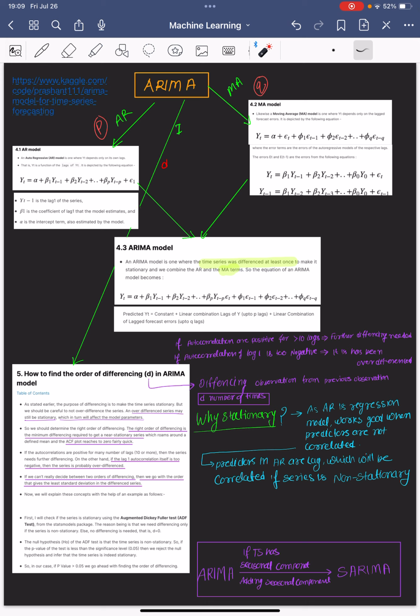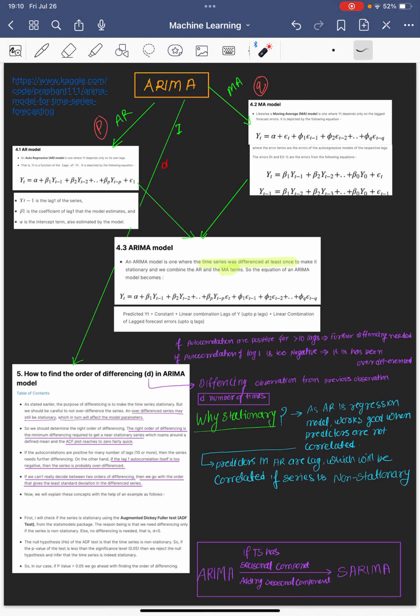This is the assumption of the linear regression model. The same thing applies here. The predictors x1, x2 here are the lags. Lag is nothing but the previous values of a series. So it means the previous values of a series at any lag, lag 1, lag 2, lag 3, should not be correlated, right? So this is our assumption.